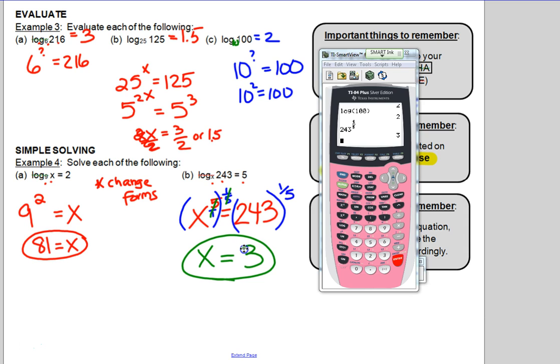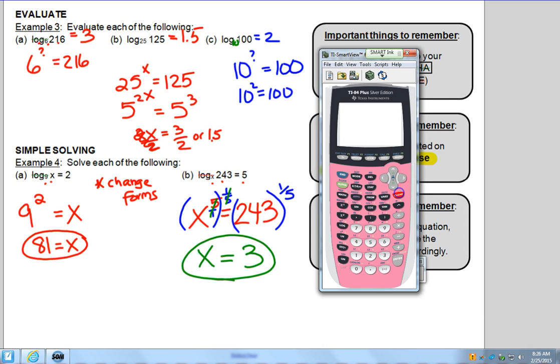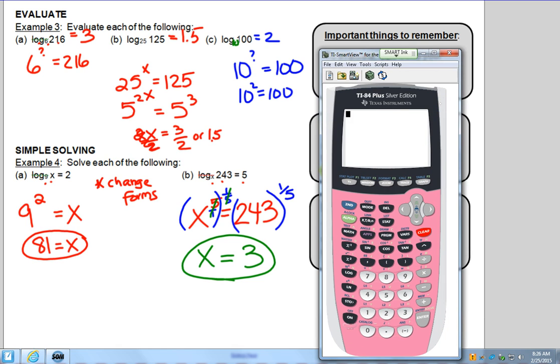As always, you can do any equations on your calculator. I didn't have you write this down, but I'll just show you. Just like I've been saying all year, if you want to, you can put the left side of the equation in graph 1. So if I go back to example 4a, I can put log base 9 of x.